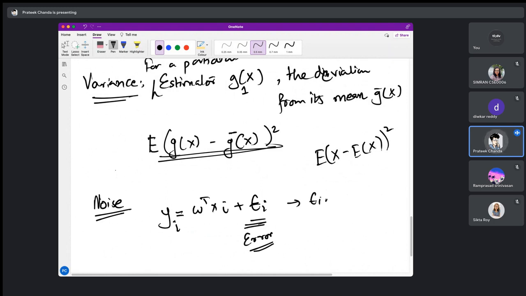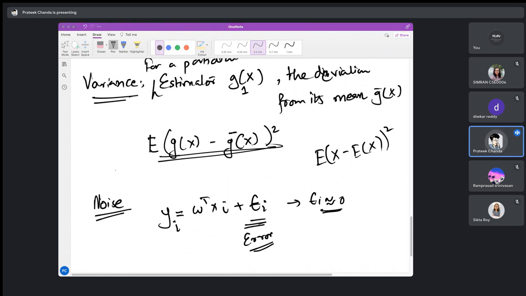Even if you have some choice of w that gives the best optimal value, my error cannot be close to zero, because there is additional noise, and this noise comes from the data set and other factors. Mainly the data set, like distribution noise, outliers and so on. So that's one of the cases.